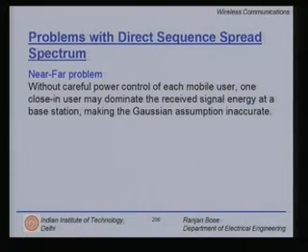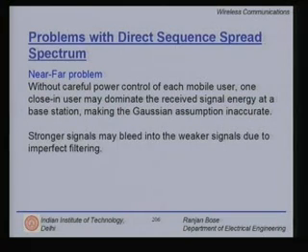Without careful power control of each mobile user, so we are talking about a mobile, most likely the CDMA situation, one user which is close in may dominate the received signal energy at a base station, making the Gaussian assumption inaccurate.